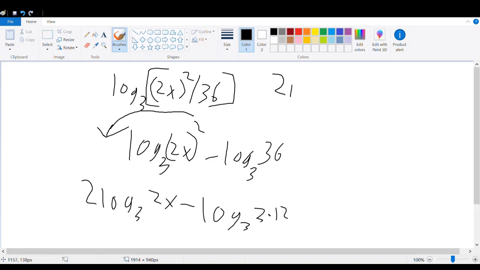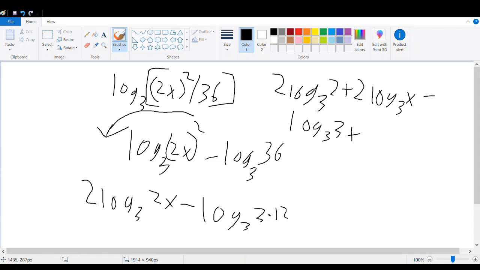Okay. 2 log base 3 of 2 plus 2 log base 3 of x minus log base 3 of 3 plus log base 3 of 12. 12 can be written as 4 times 3, or 9.